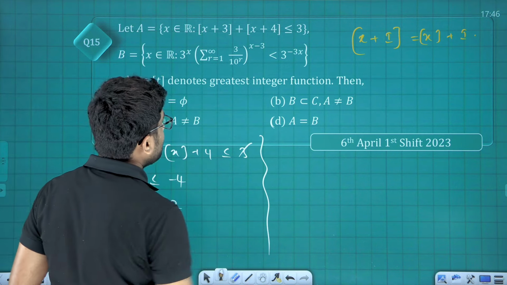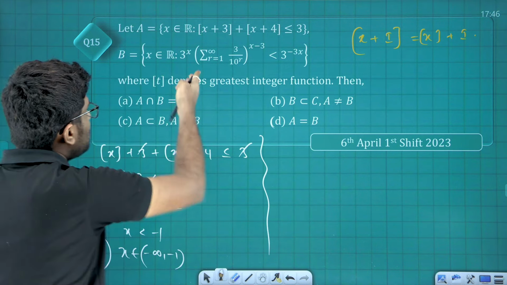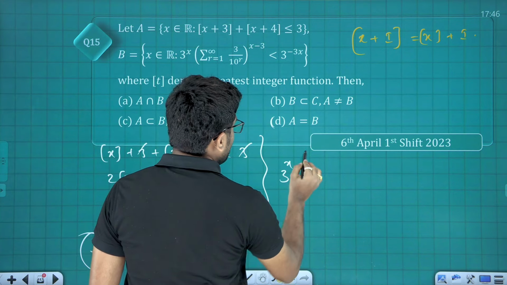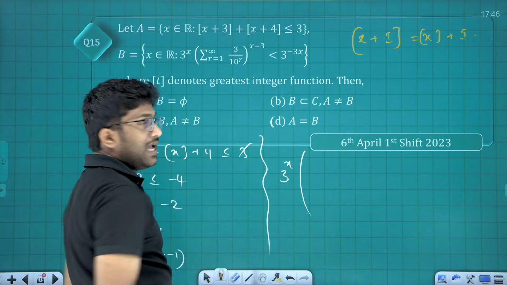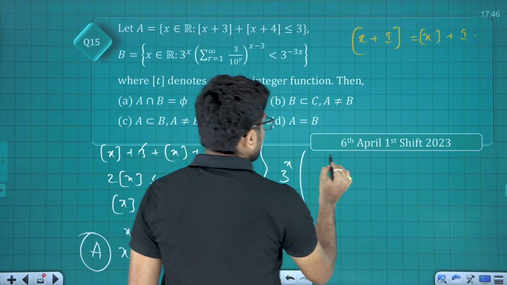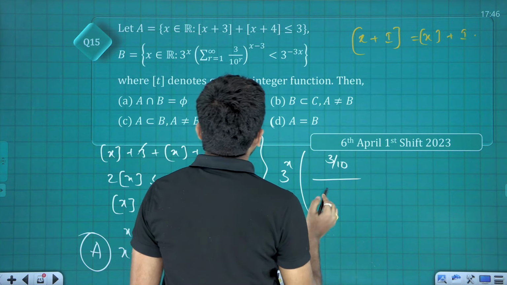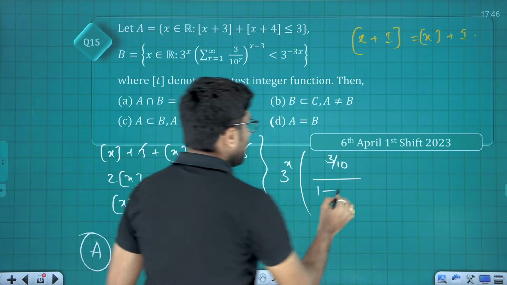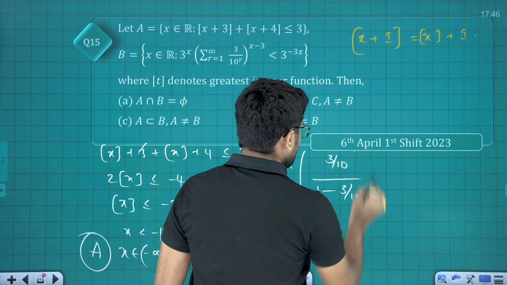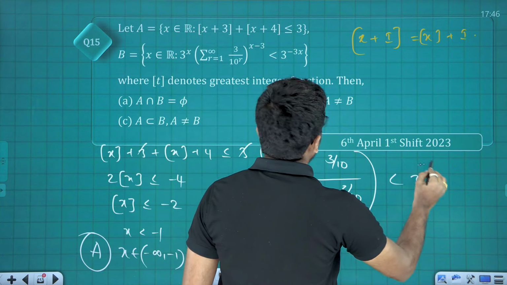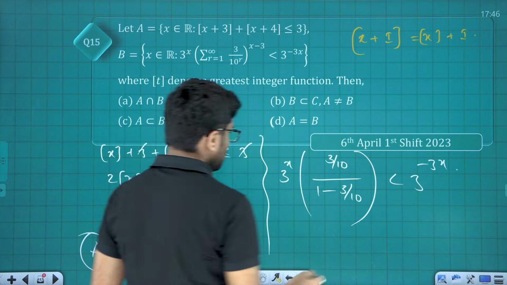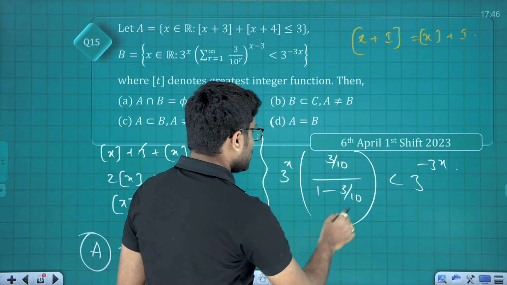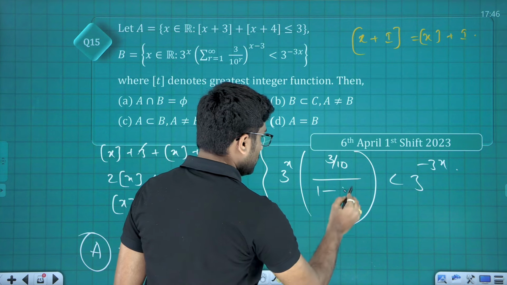Now coming to set B, this is a GP, an infinite GP. The infinite GP is 3 power x into 3 by 10 divided by 1 minus 3 by 10, is less than 3 power minus 3x. The common ratio is only 3 by 10.